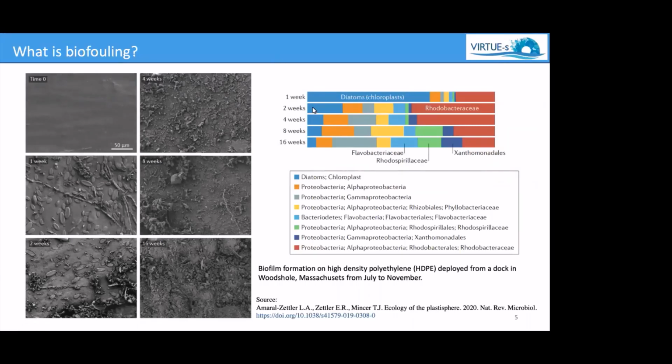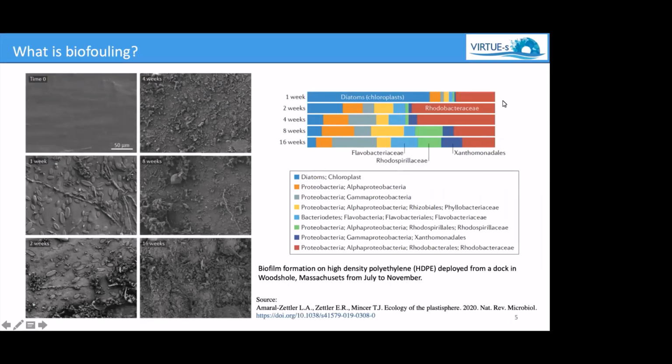And if you study and try to identify what these are, in the first week you have more diatoms than bacteria. As the weeks go by, the number of diatoms decreases and the number of bacteria increases.